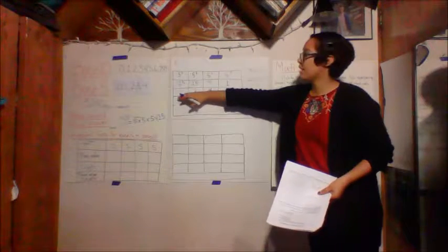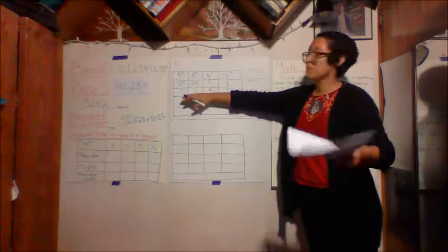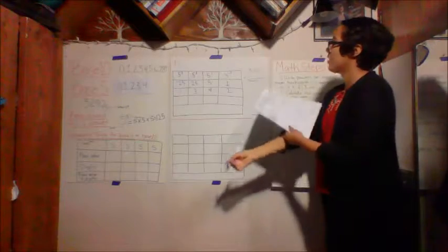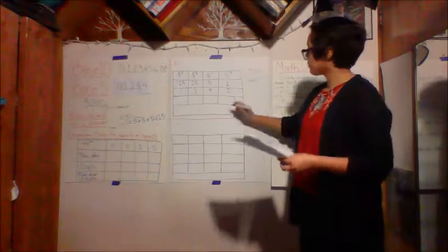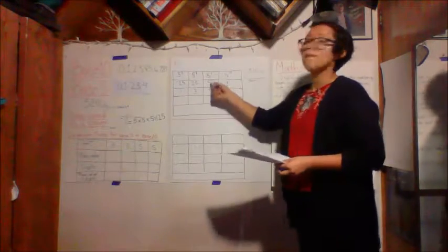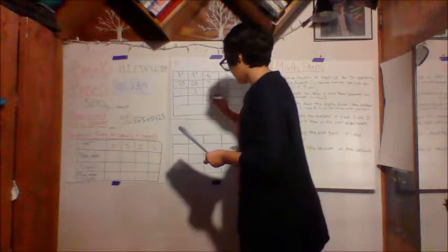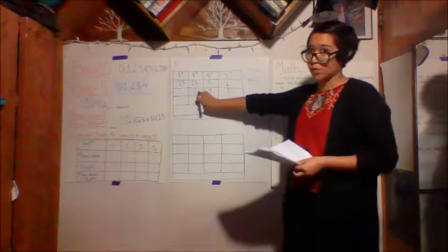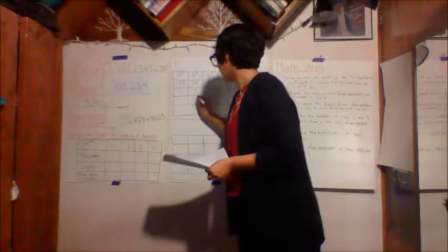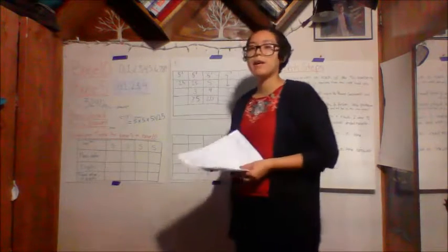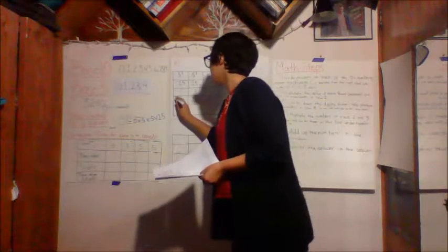Second row times third row equals fourth row. Okay. 1 times 2, 2. 5 times 4, yes, 5 times 4, 20. 25 times 3, 75. And then 125 times 1, 125.